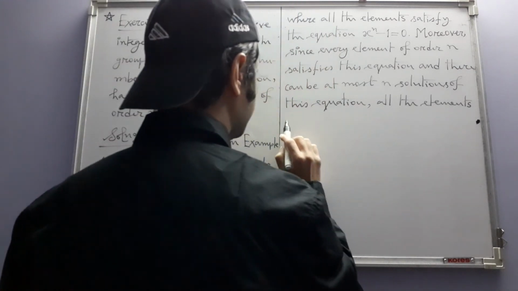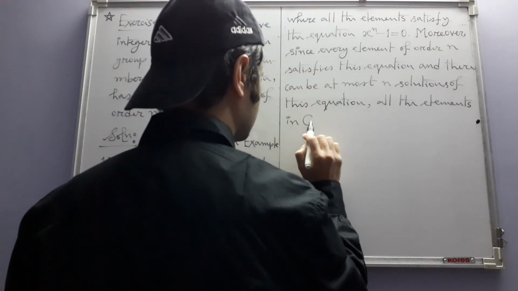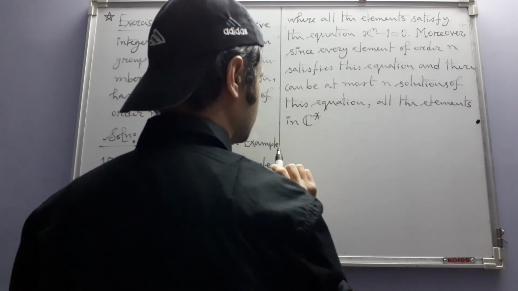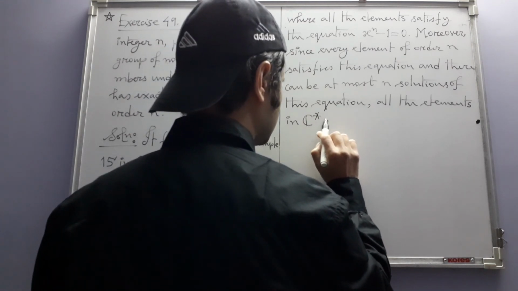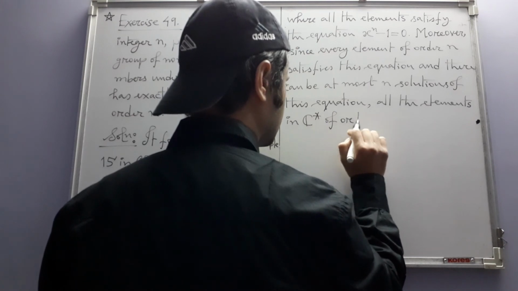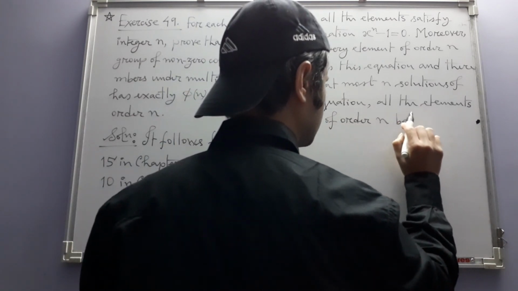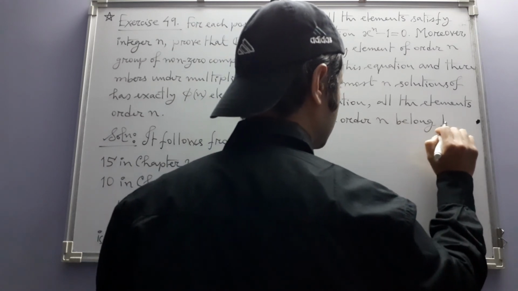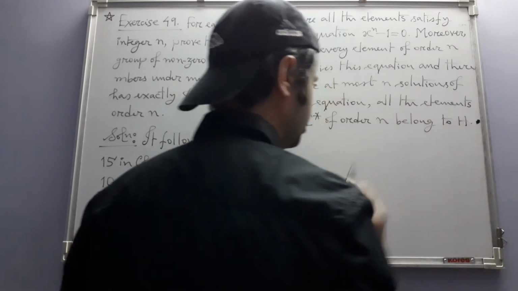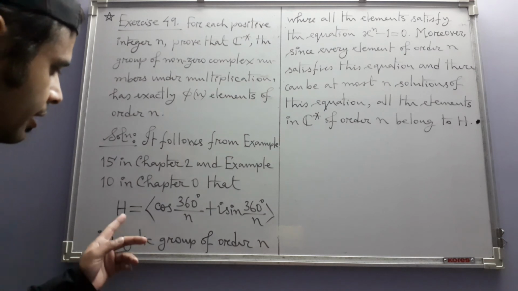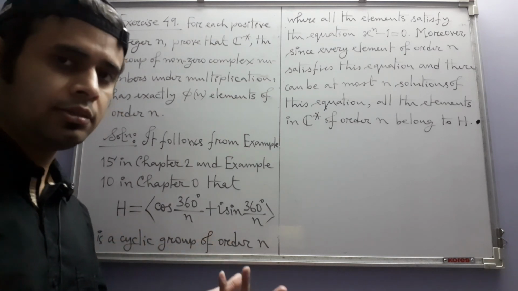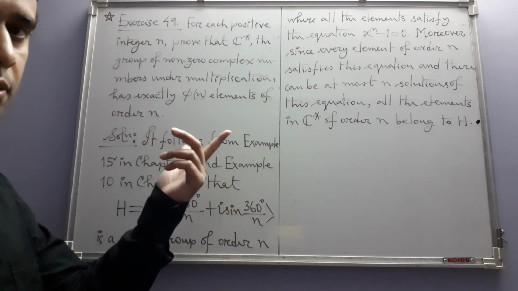So all the elements in the group of non-zero complex numbers of order n belong to H. All the elements in H already satisfy this equation.